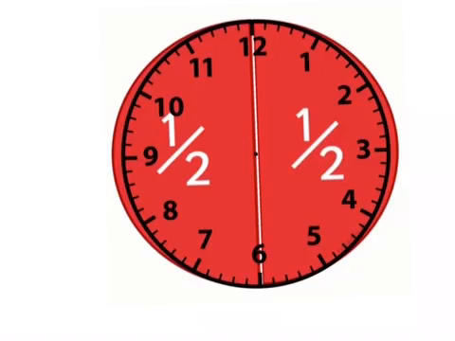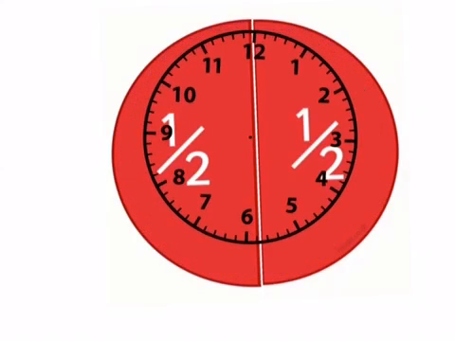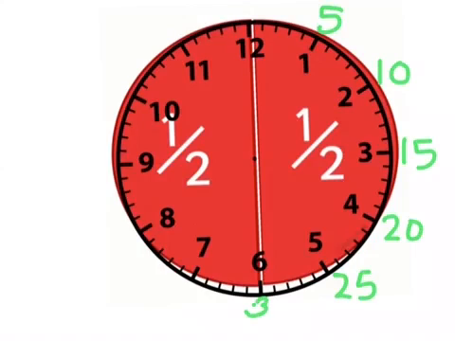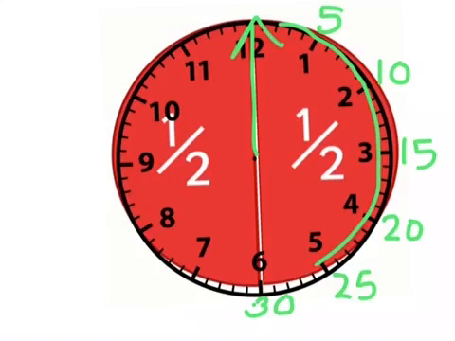This is where we can use our times tables to count really quickly round, and we can say 5 minutes past, 10, 15, 20, 25 and 30 minutes. So the minute hand, if it travels from the o'clock halfway round the clock to the number 6, has travelled 30 minutes.